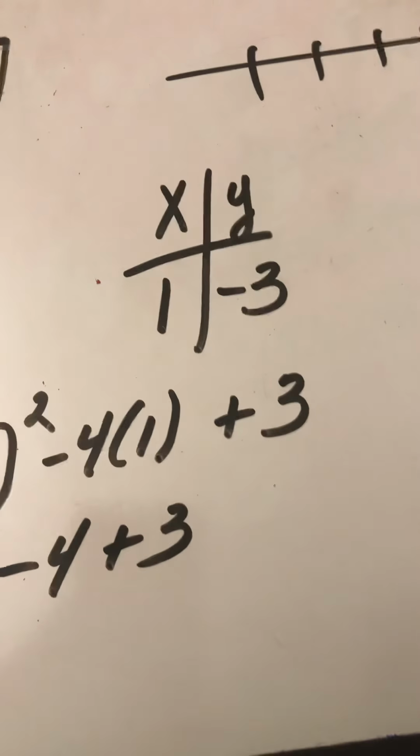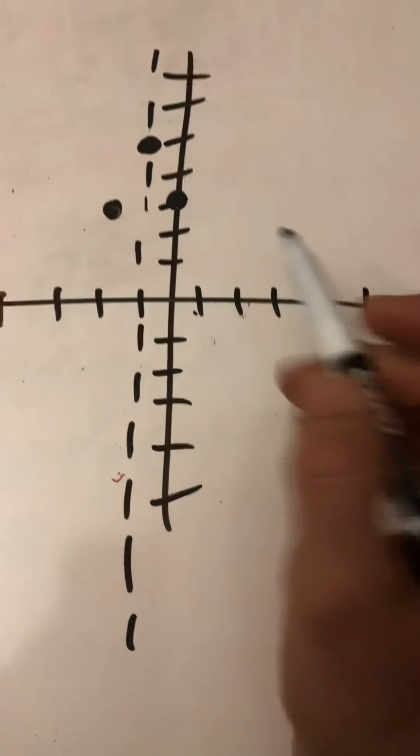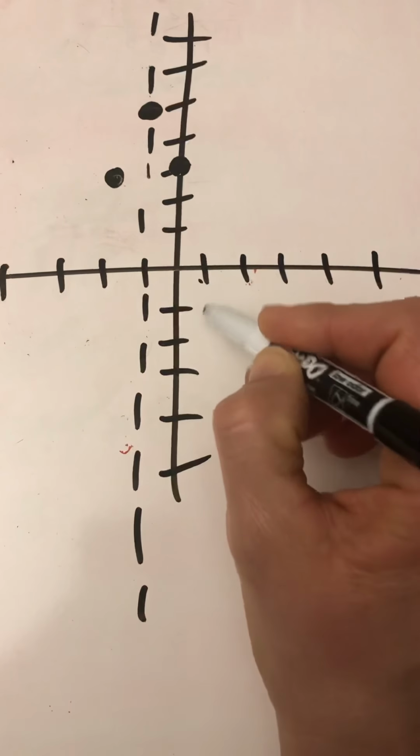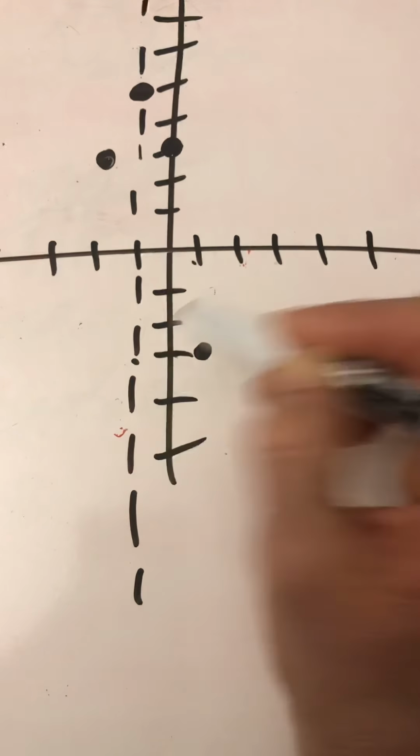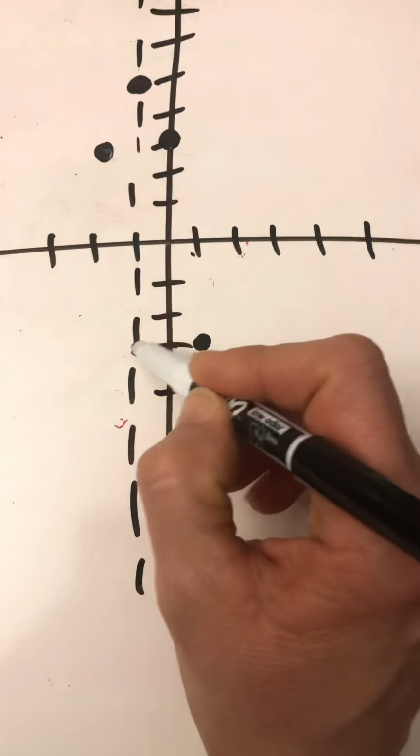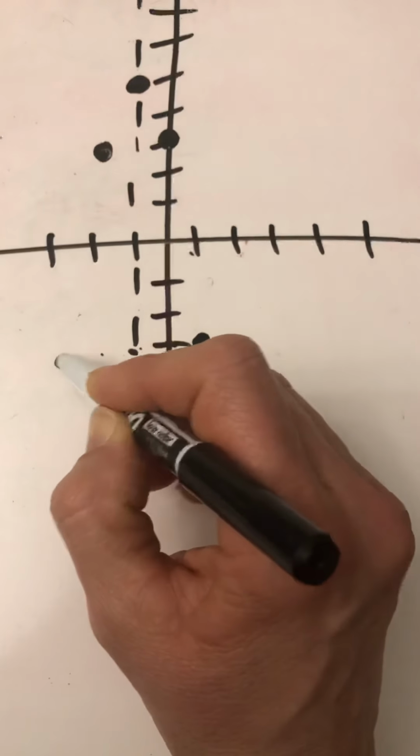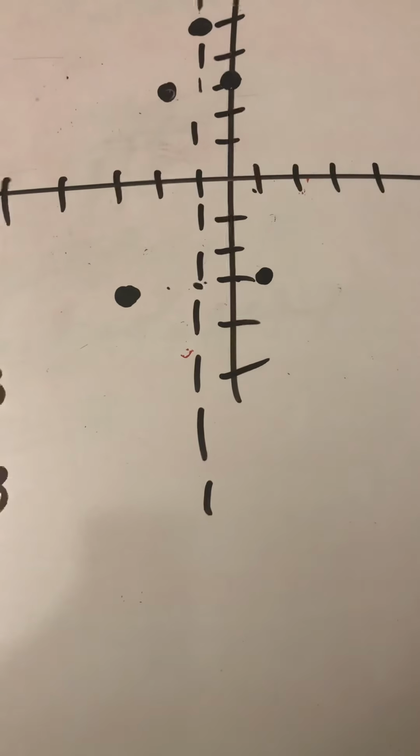So that's the y coordinate that goes with my x coordinate of 1. So we go ahead and plot that, 1, -3. That is 2 units away from my axis of symmetry. So I'm going to go 2 units to the other side and make another dot.